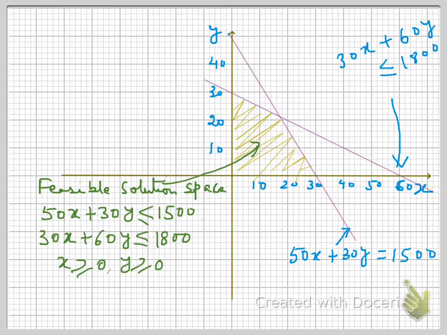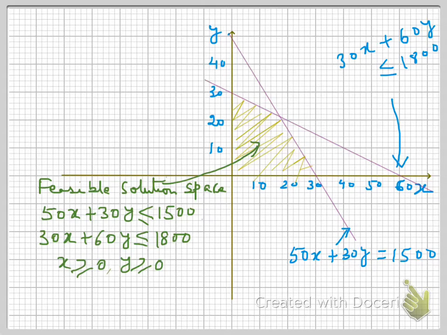That linear program has been put in the graphical form here. The feasible solution space is given here. The two technical constraints are 50x plus 30y less than or equal to 1500 and 30x plus 60y less than or equal to 1800.